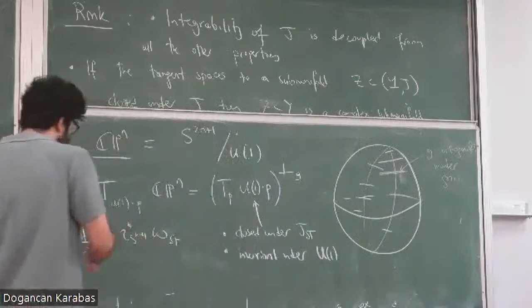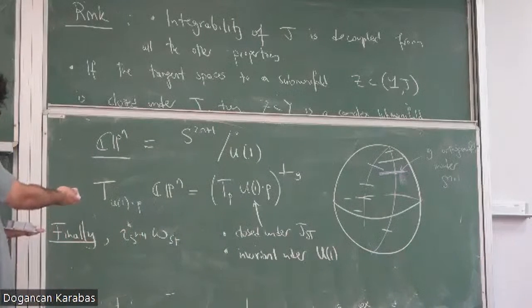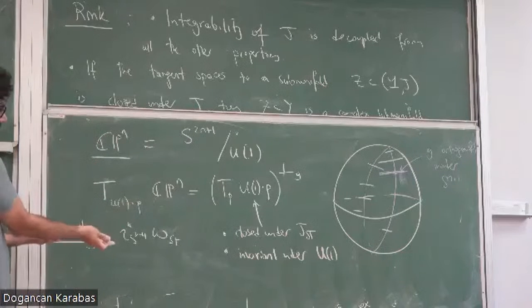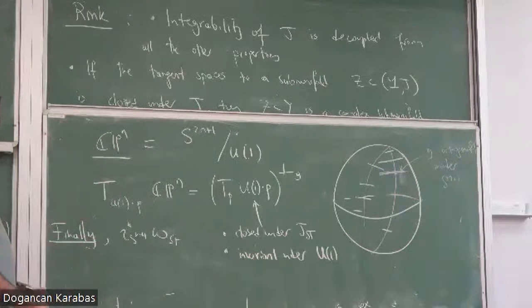And because of that, this symplectic structure on the unit sphere will descend to the quotient. Well, it will give you a 2-form on the quotient, which you can check to be a symplectic form. It will be automatically closed and non-degenerate.